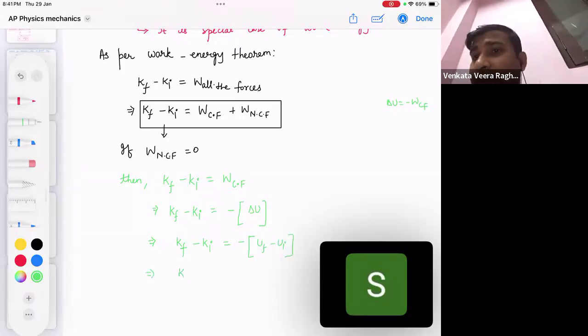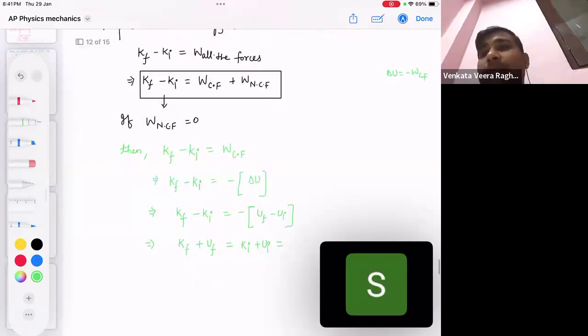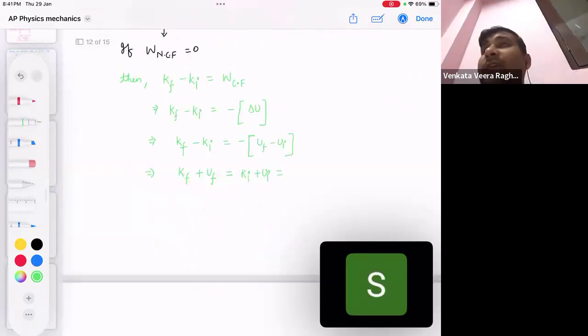Send it to one side. K final, look at that. If I'm sending U final to the other side, am I getting K final plus U final equal to K initial plus U initial? Check it. What did I just write? K final plus U final.